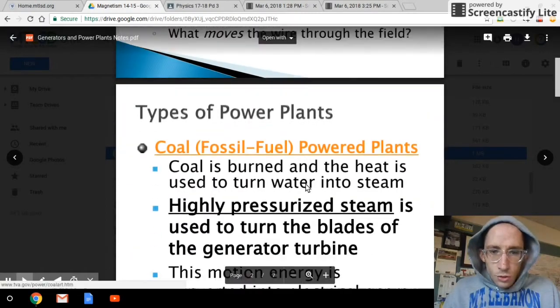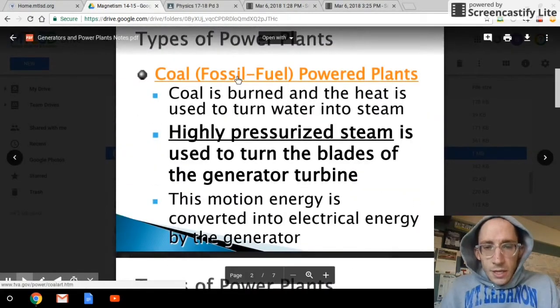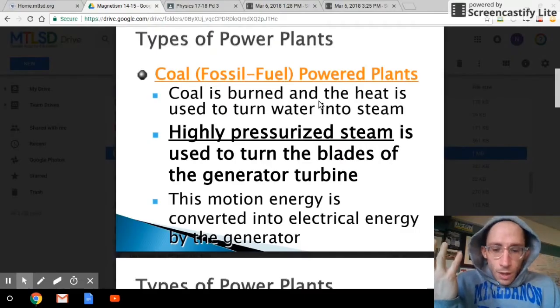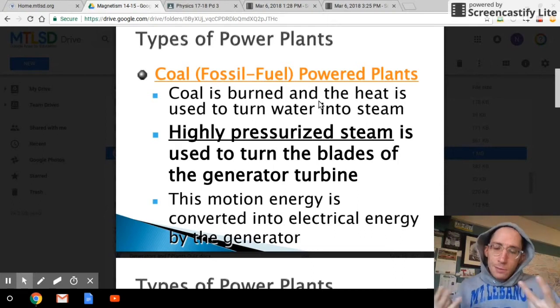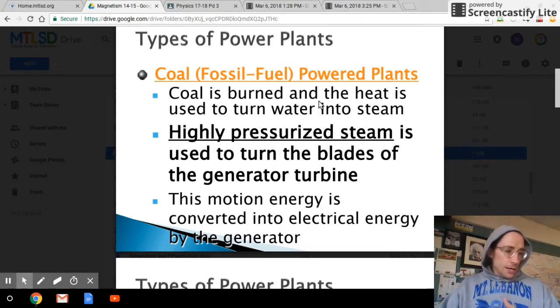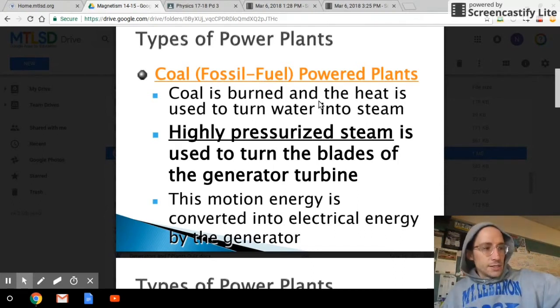All right, we're starting with the coal power plant. So click on this link. You need to boil water, so that then you shoot that boiled water, highly pressurized, through piping, and it spins the blades of the generator turbine.